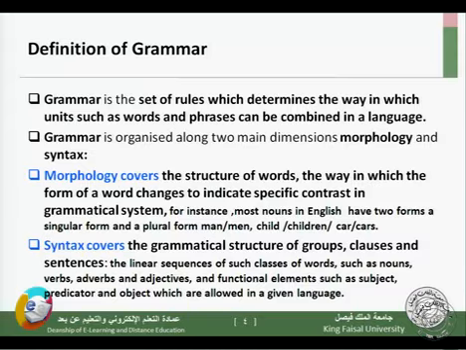Now let's move to syntax. Syntax, to be honest, is a modern term used instead of grammar. In the old days, in the 50s or in the 30s, before the revolution of linguistics, Chomsky, he's an American linguist, he came up with this linguistic theory, performance and competence.